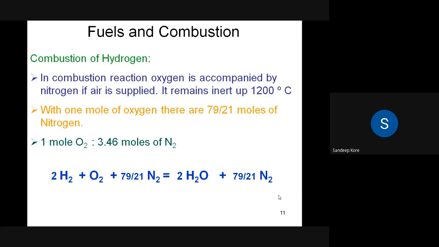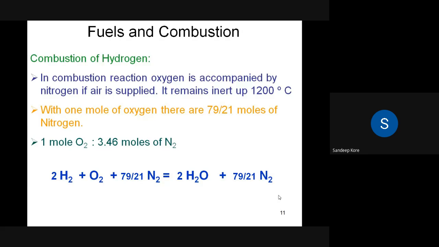In a combustion reaction, oxygen is accompanied by nitrogen in air if air is supplied, and this nitrogen remains inert up to a temperature of 1200 degrees centigrade. So with 1 mole of oxygen, about 79 by 21 moles of nitrogen come along, or 3.76 moles of nitrogen.